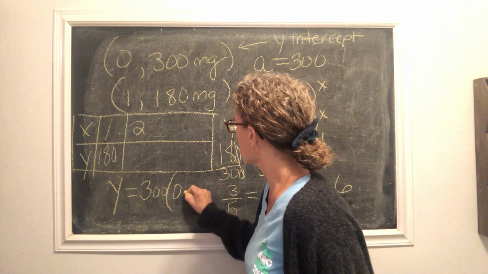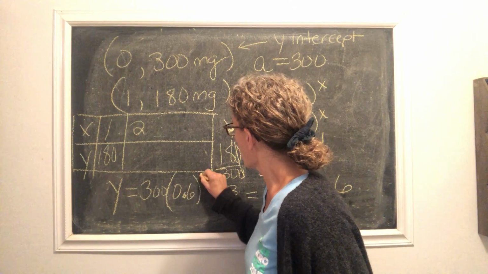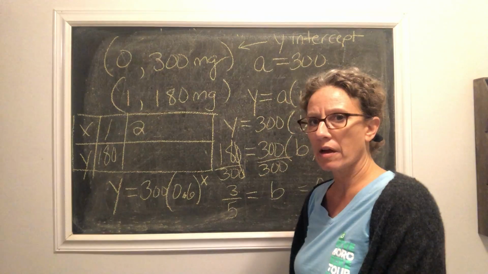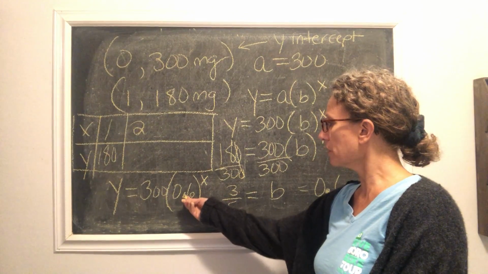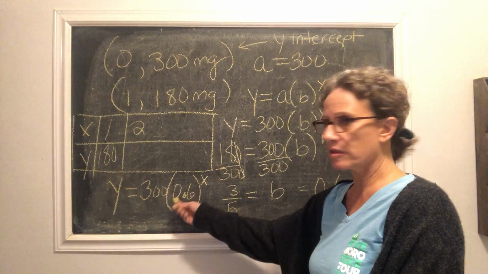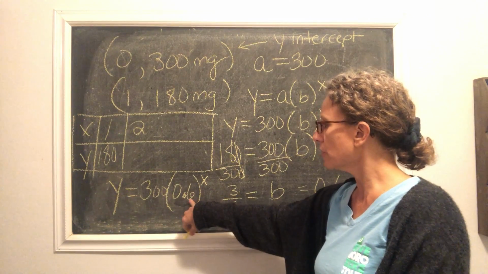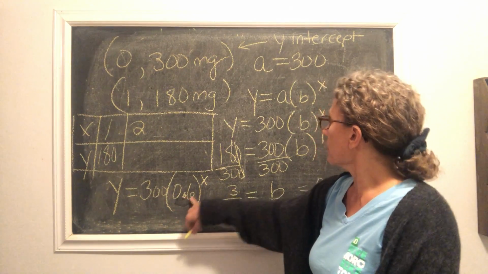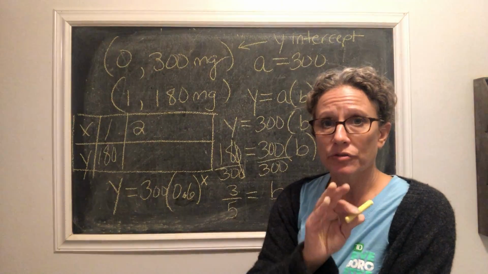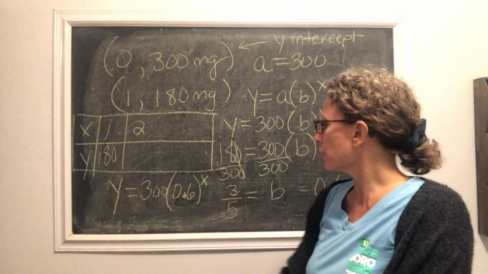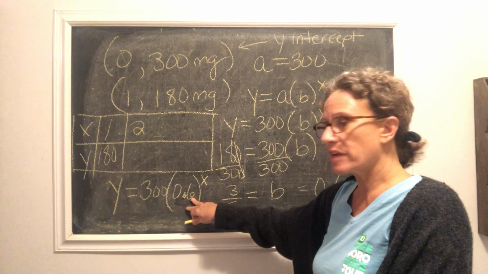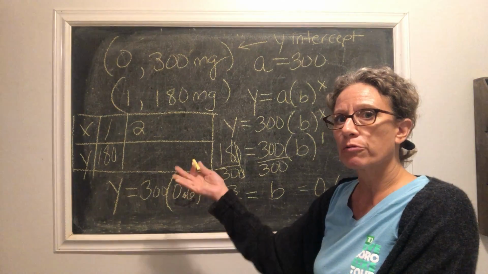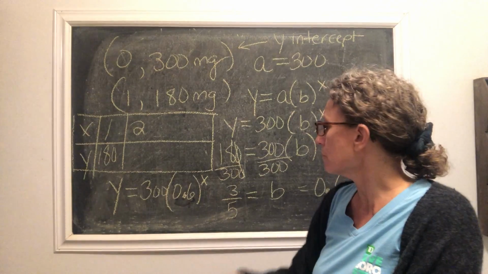I'm going to use the decimal value, 0.6 to the x. So again, this 0.6 represents the decay factor. 0.6 is between 0 and 1, so we know for sure it's decay. 60% remains in the bloodstream, therefore 40% has left.